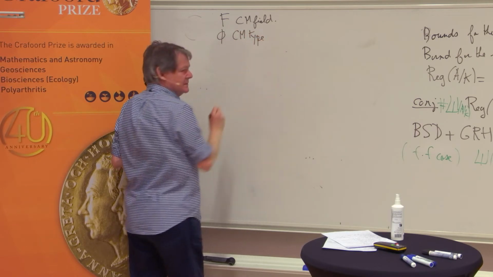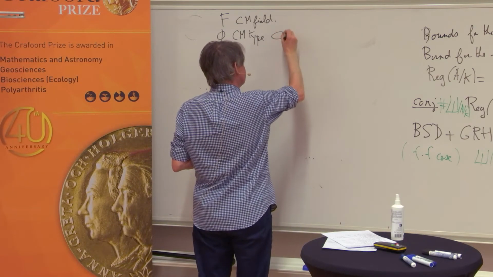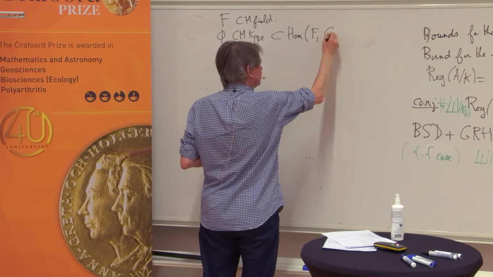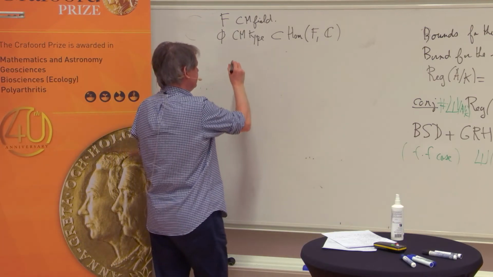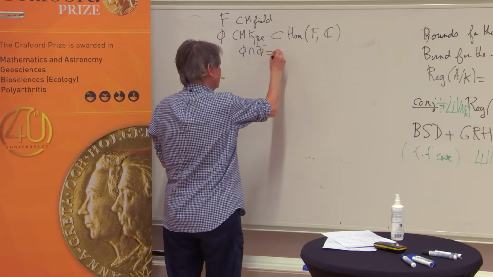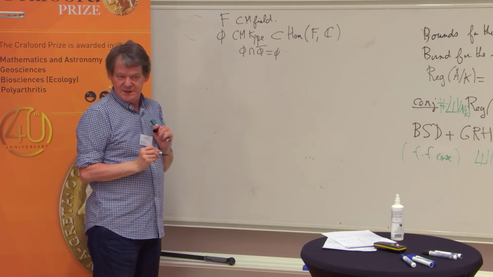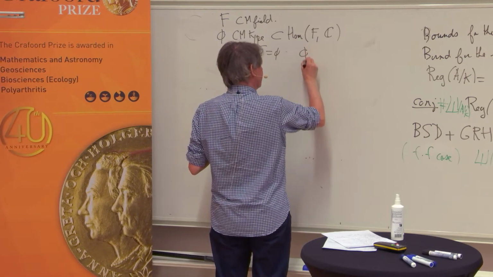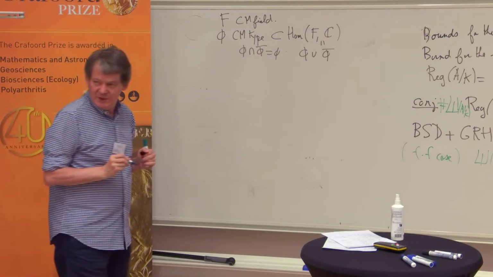So what is a CM type? It's a subset of the set of embeddings of the field F into C that satisfies two things. First, if there is one embedding, its conjugate is not in the set. And the union of the two is the whole set, so phi union phi conjugate is the whole set of embeddings.